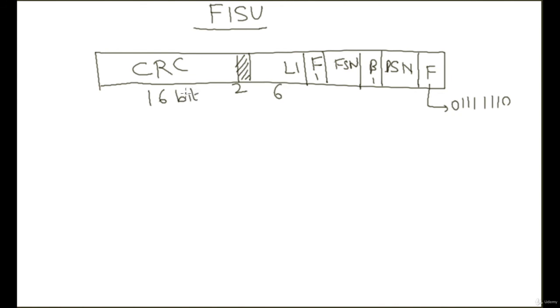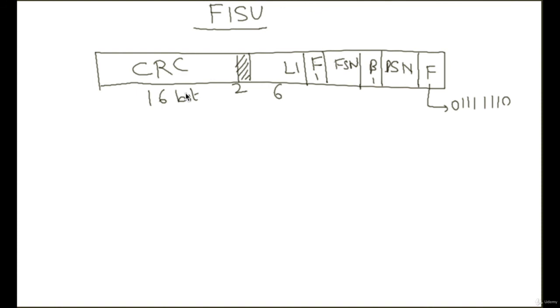As you know, this is an empty packet. It doesn't have any information. It's just a filler packet, so there is nothing in this packet like status or signaling information. Practically nothing is there. Okay. So the rest of the fields are common with MSU and LSSU, so I'm not going deep into that.